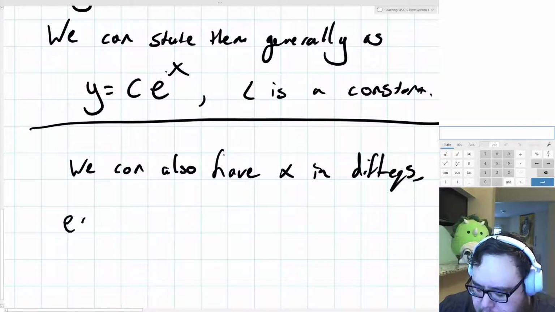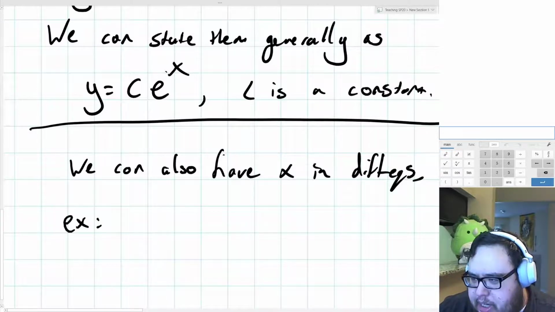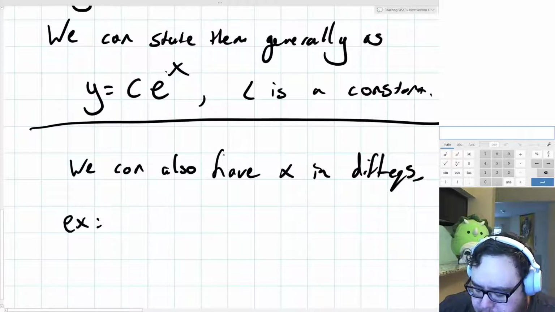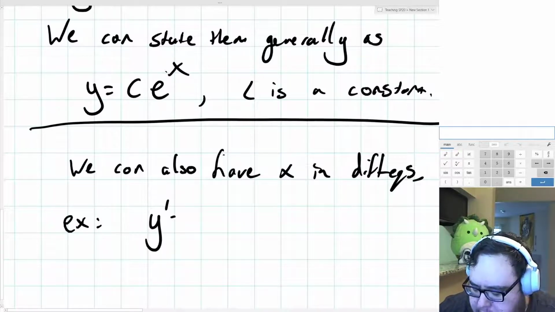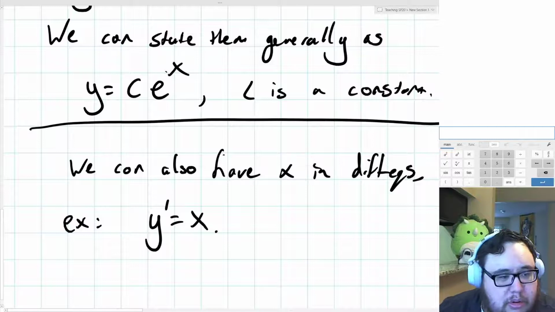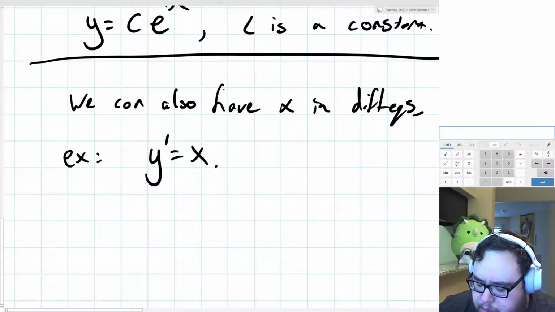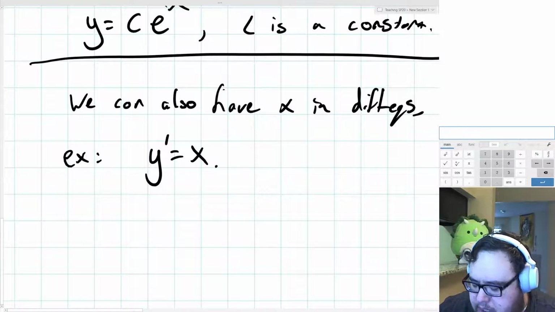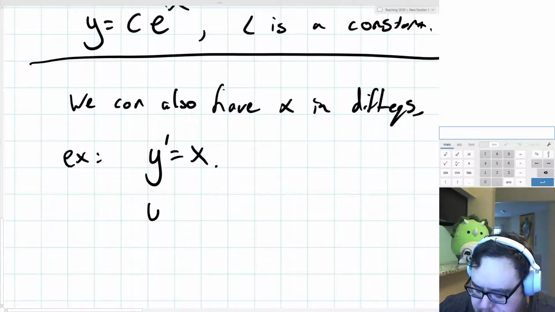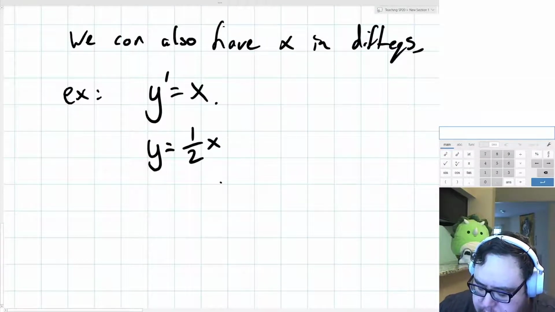For example, this is a kind of boring differential equation, but we could have the differential equation where y prime is equal to x. What's the function whose derivative is equal to x? Well, that's just y is 1/2 x squared plus c.